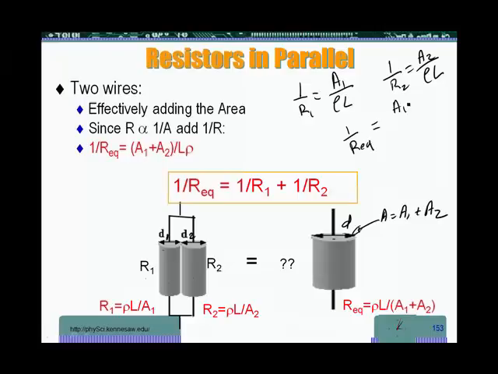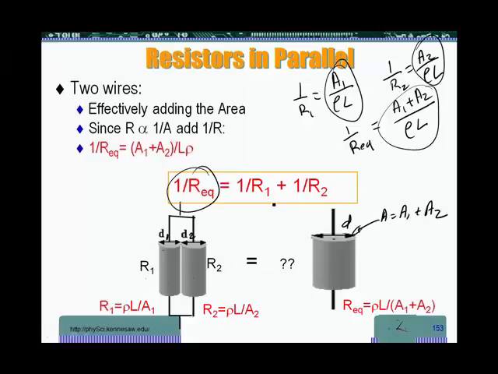It is A1 plus A2 over rho L. So you notice from there that I can find this by just adding these two. In other words, 1 over R equivalent is equal to 1 over R1 plus 1 over R2. If I had more than two resistors, if I had a third one, for example, it would be plus 1 over R3, fourth one plus 1 over R4, and so on.